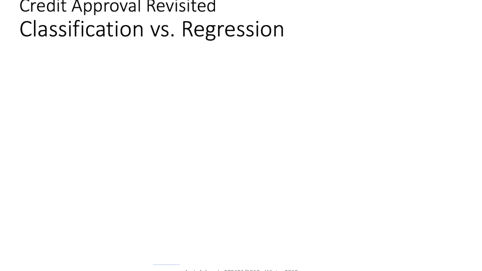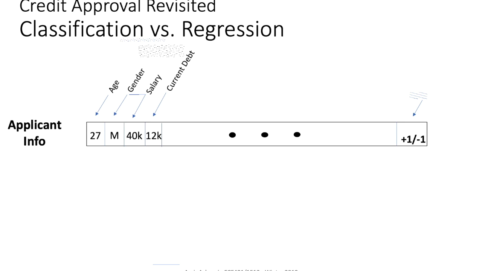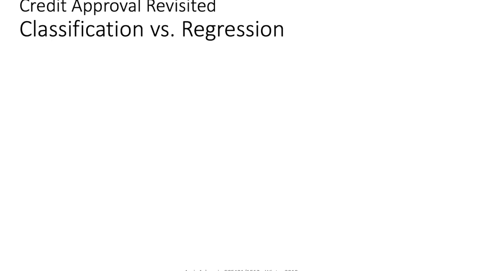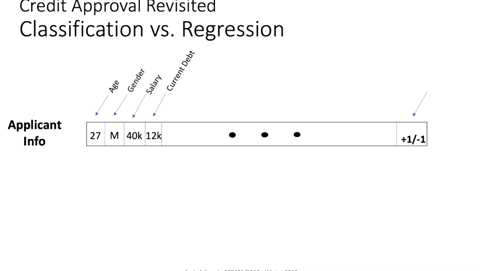So it's mostly the definition of classification versus regression. Regression is one of the most well used techniques, you can find it everywhere. Okay, all right, so let's go back to the credit card application again.